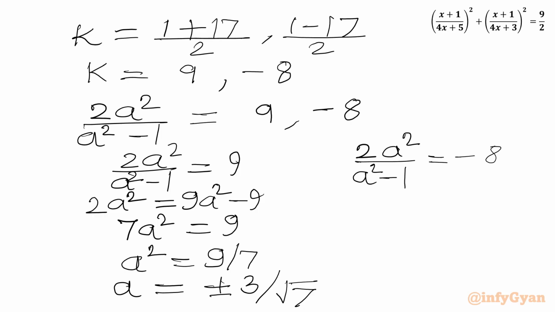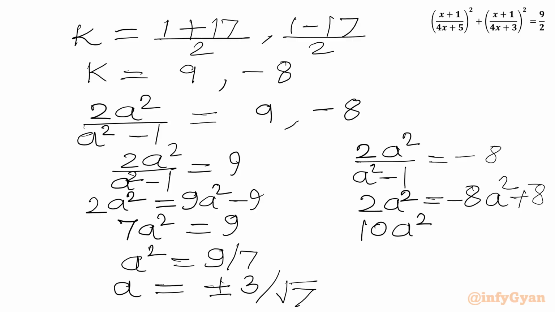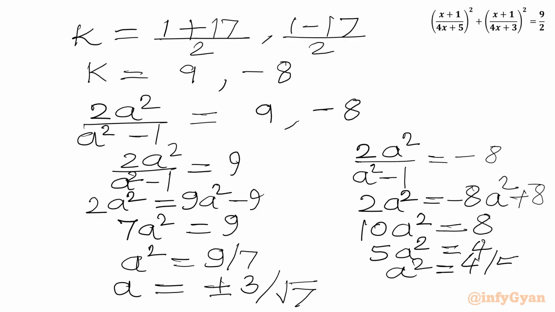Now from the second equation I can write 2a² equal to −8a² + 8, or we can write 10a² equal to 8, 5a² equal to 4. So a² will be equal to 4 over 5. So a will come out ±2 over root 5.